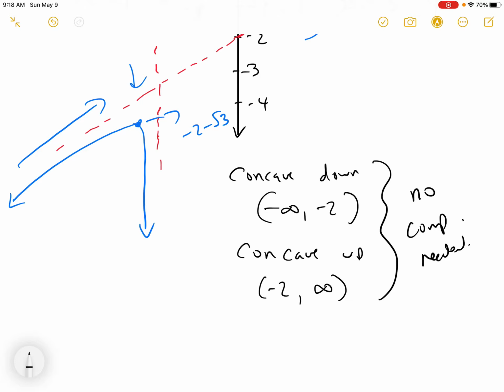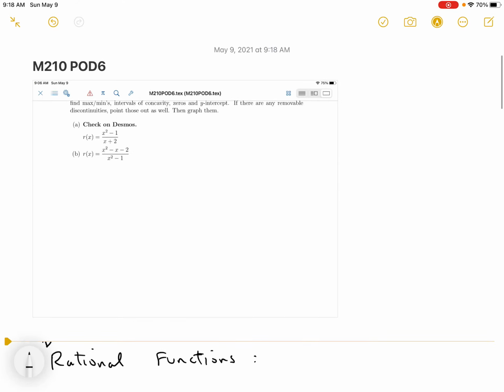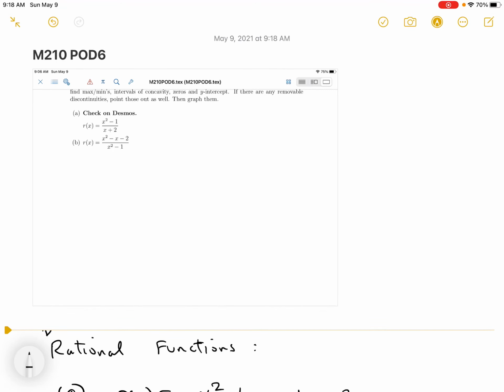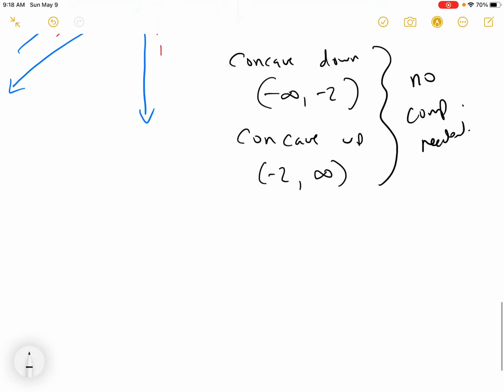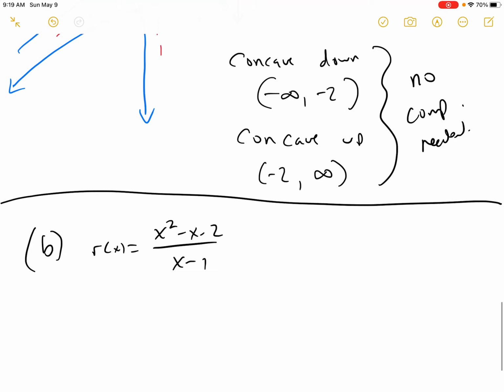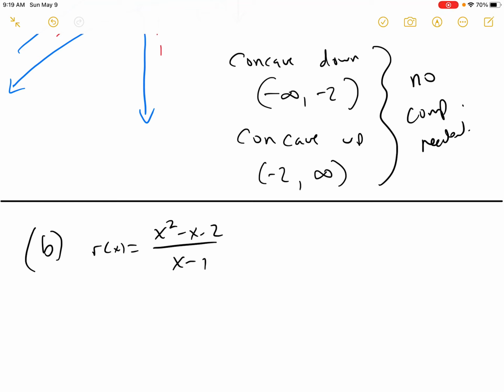All right, that's A. Let's do B. X squared minus x minus 2 over x squared minus 1. Okay, well, this looks fun. We got to factor the top here.